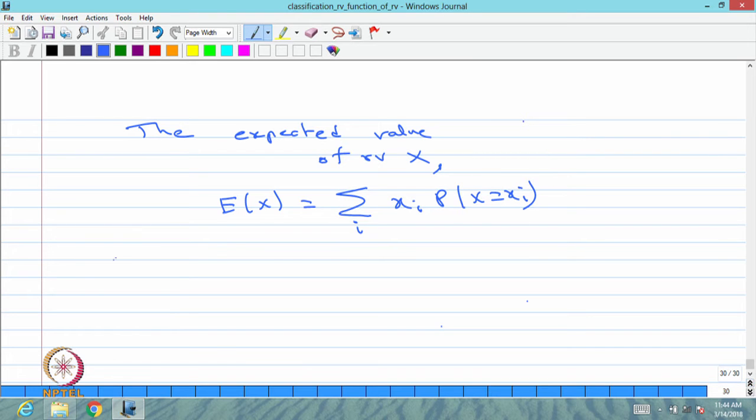So, now I am going for the case where the random variable x is a continuous type.